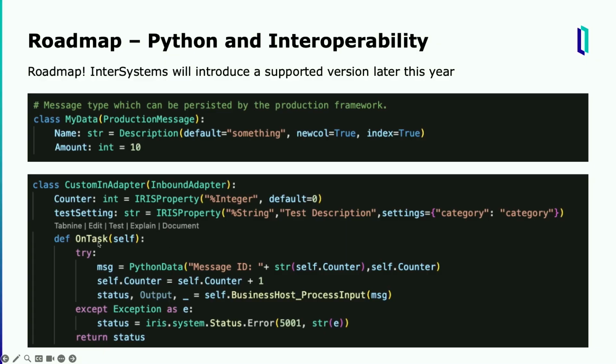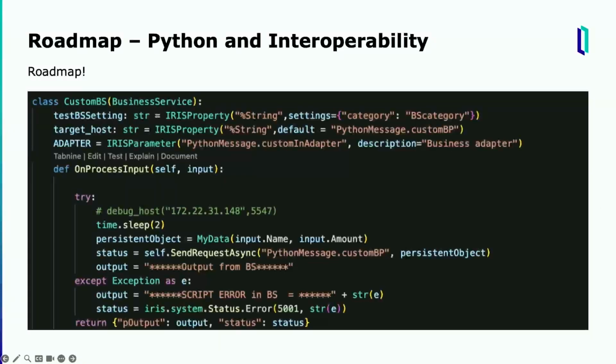I am implementing those on-task methods that we all know if you've built with the framework before. And I'm building my own custom business service which is using the adapter that I've just built, all in the same file. You just register it once, and then it pops up as an element that you see on your regular visual screen on your production. So a very helpful tool.